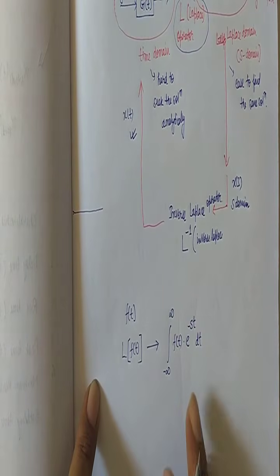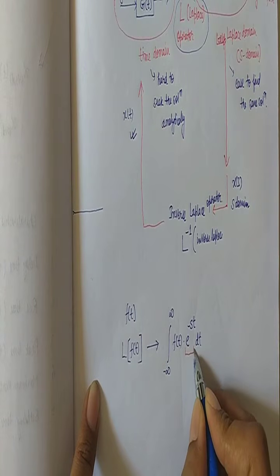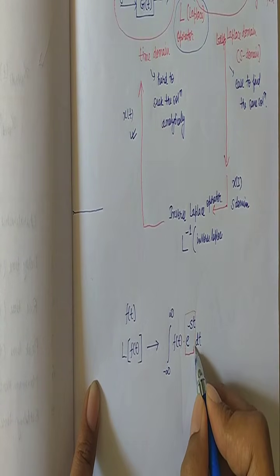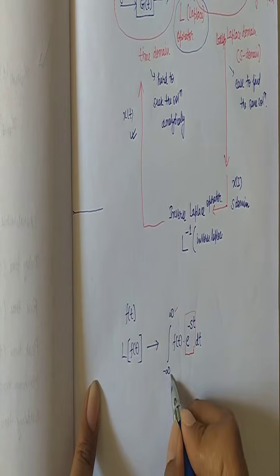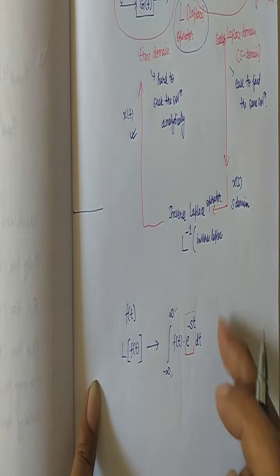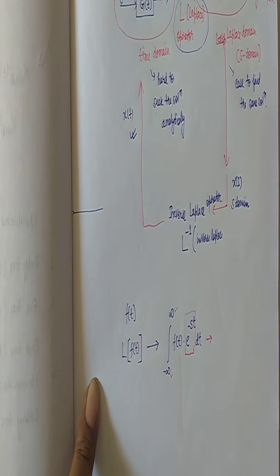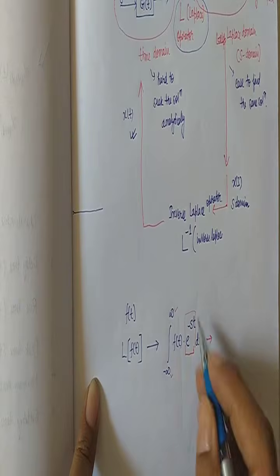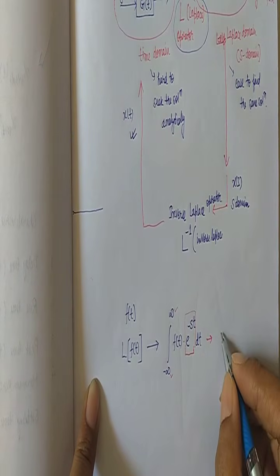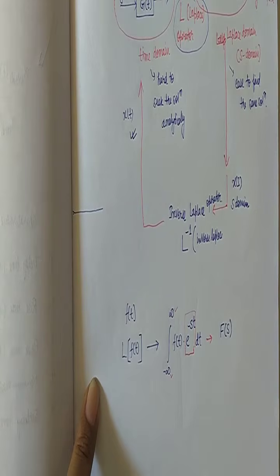I am multiplying my function with this and integrating from minus infinity to plus infinity, and whatever operated form I get, I will write in the form F(s).